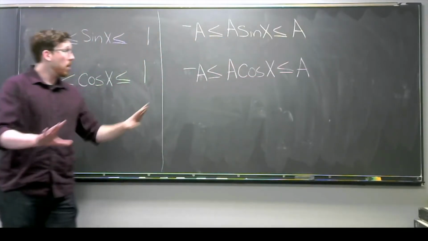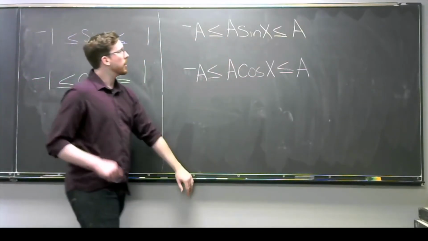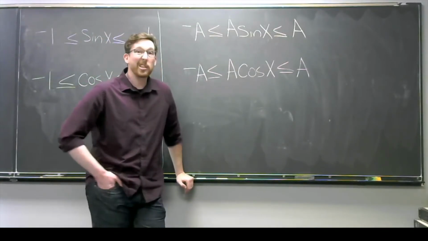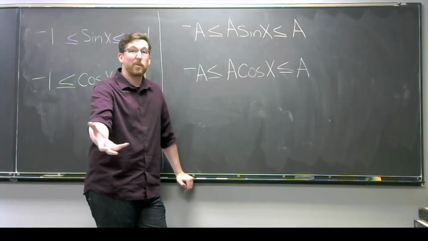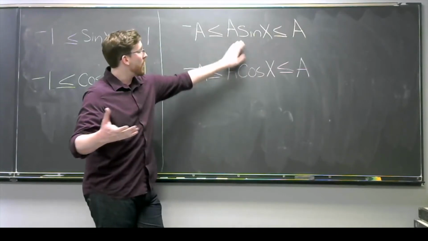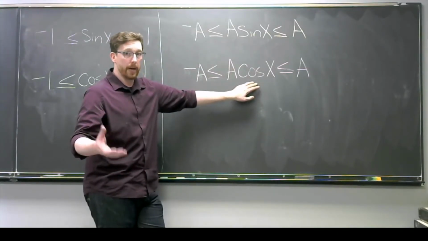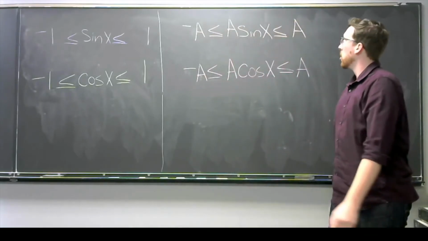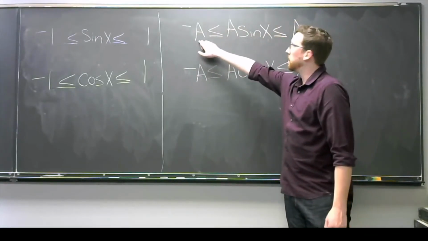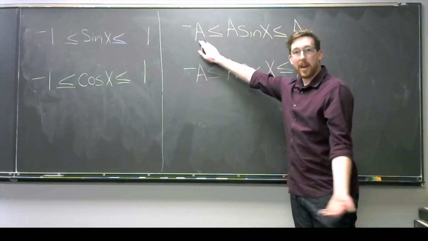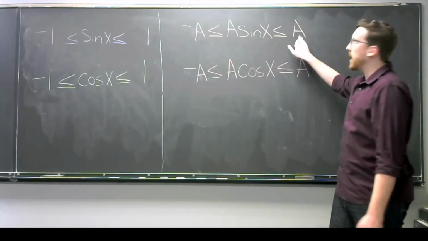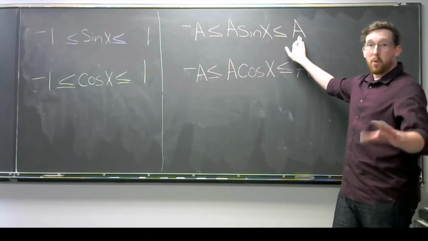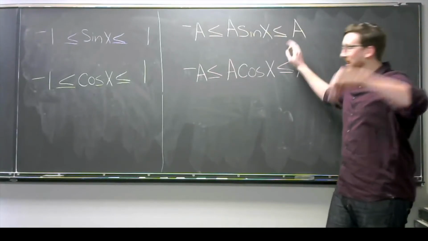Wait, what does this mean, right? All this means is no matter what you multiply your sine or your cosine by, you're just stretching it. Where you would have been -1, you're now going to be at -a. Where you would have been at 1, you're now at a.